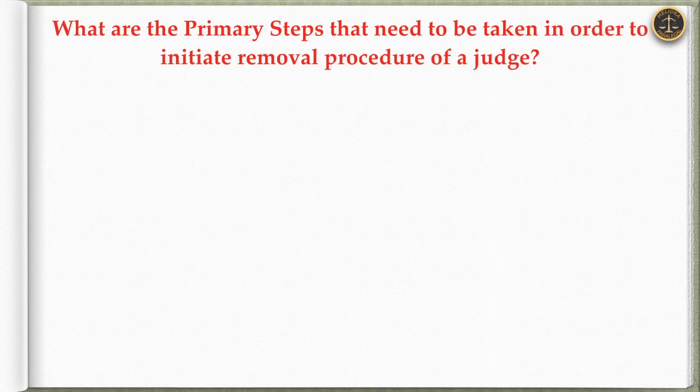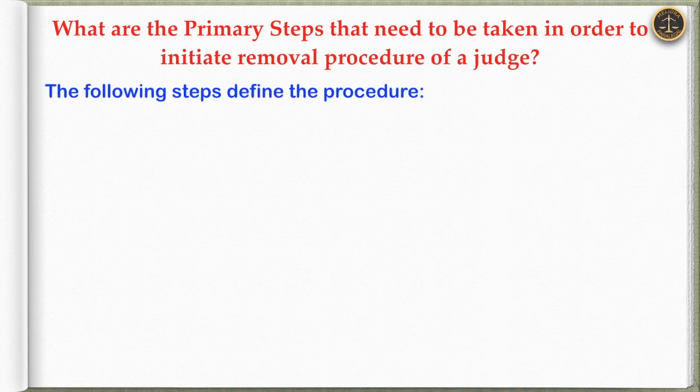Now the next question is, what are the primary steps that need to be taken in order to initiate the removal procedure of a judge? Under this act, the following steps are defined.